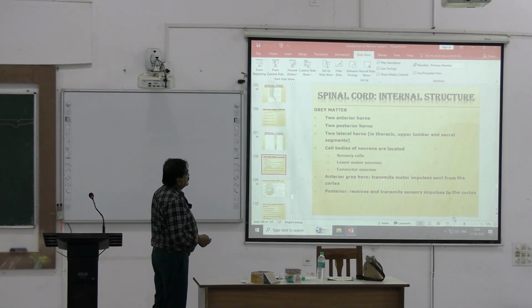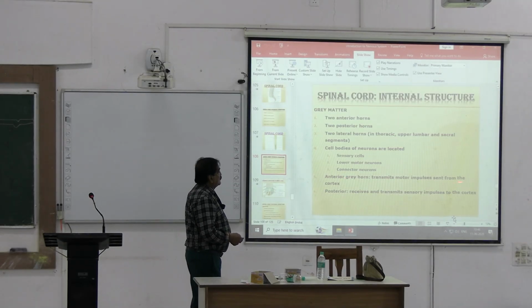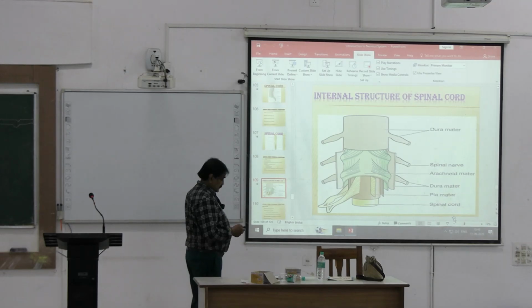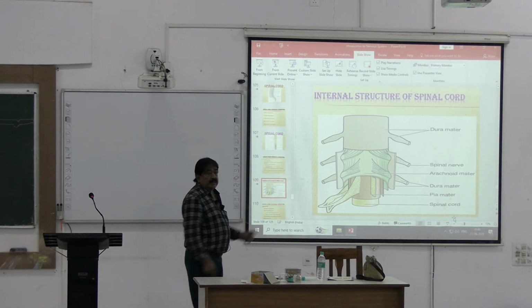Anterior grey horns transmit motor impulses sent from the cortex. Posterior horns transmit sensory impulses to the cortex. Dura mater, the spinal nerves, this is the arachnoid mater, this is pia mater, spinal cord.